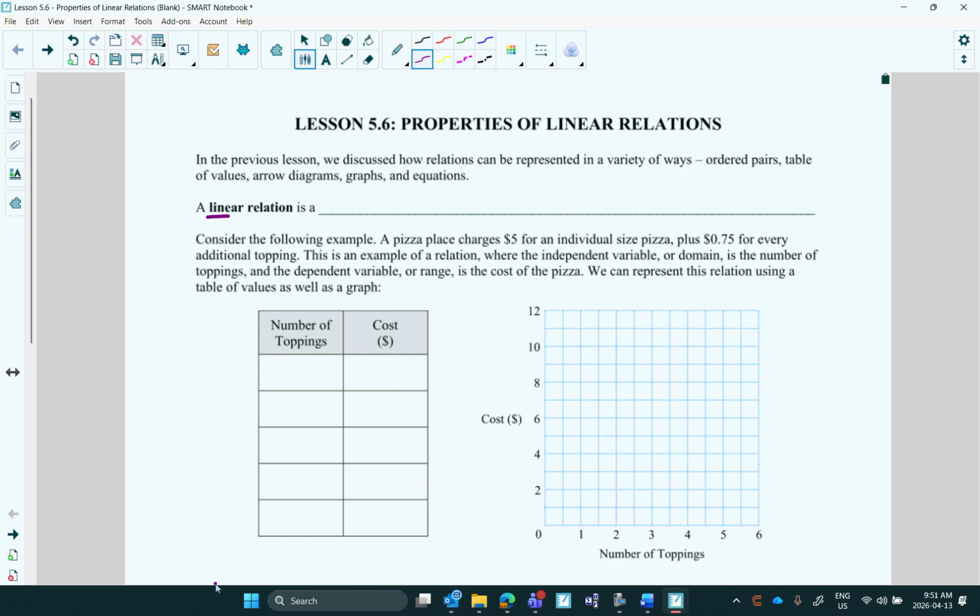So a linear relation is a graph whose points will always form a line. Okay.